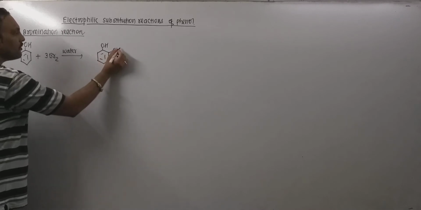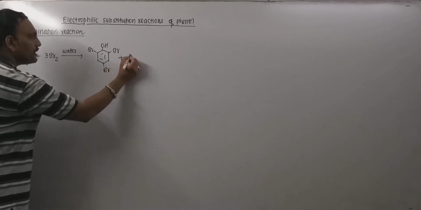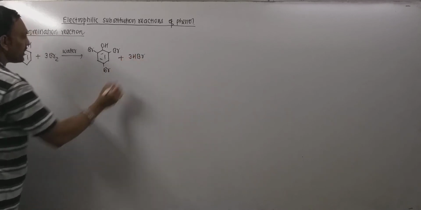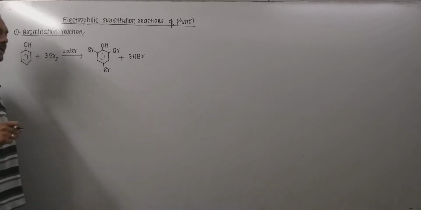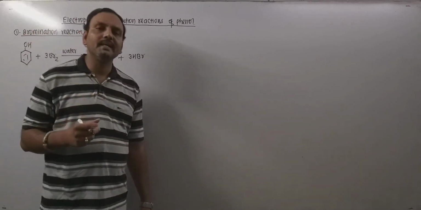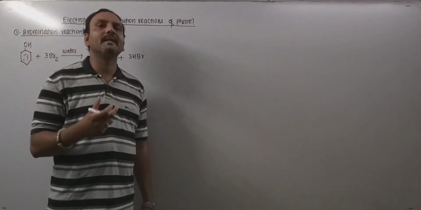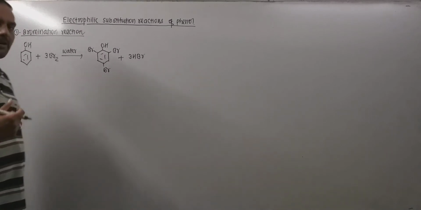So this is 2,4,6 tribromophenol with the departure of HBr. Now in water, phenol itself undergoes ionization producing phenoxide ion, and phenoxide ion is a better ortho para director than phenol itself. Thus 2,4,6 tribromophenol is obtained.